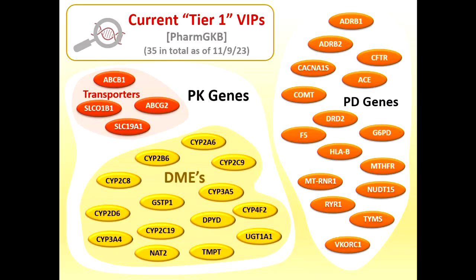But today we want to talk about a transporter, and how inherited genetic variability in your ability to transport drugs from one compartment to another or via fluid to another can influence the clinical response to a drug. So we're going to focus on one of these transporters, in particular SLCO1B1.